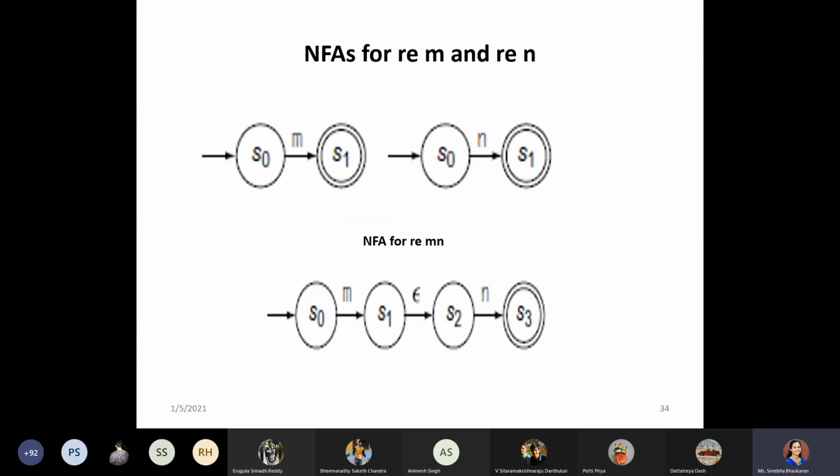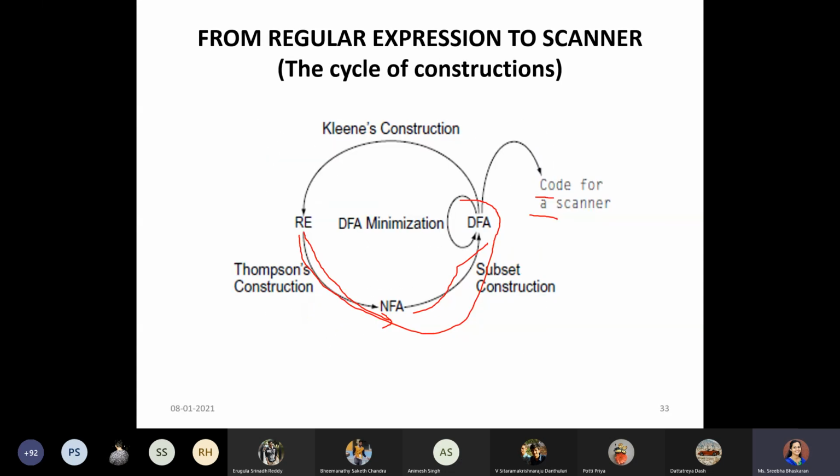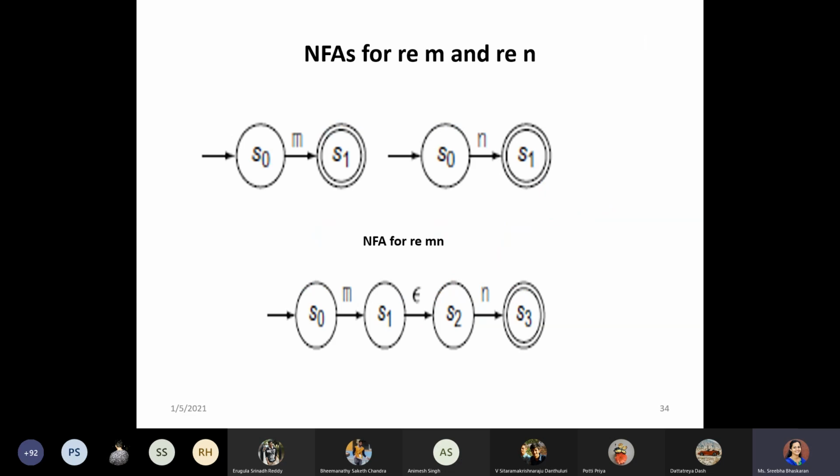So this portion we have already discussed. First, given a regular expression, how do we convert it to an NFA? By using Thompson's construction. If we have regular expressions, say for example the symbol M, we represent it as a starting state, and with respect to M we reach the final state.